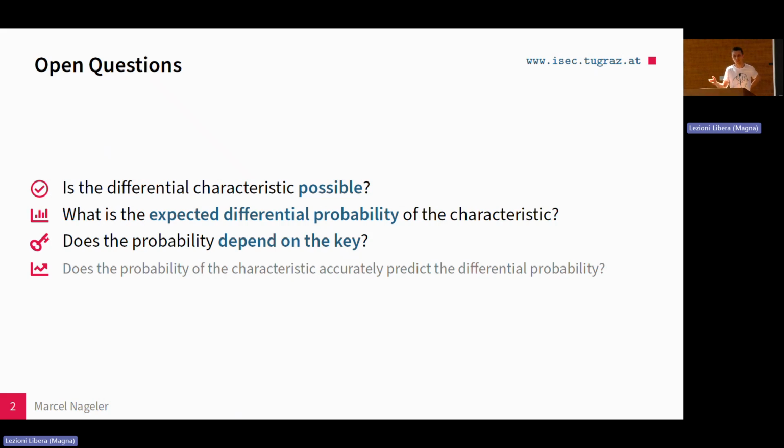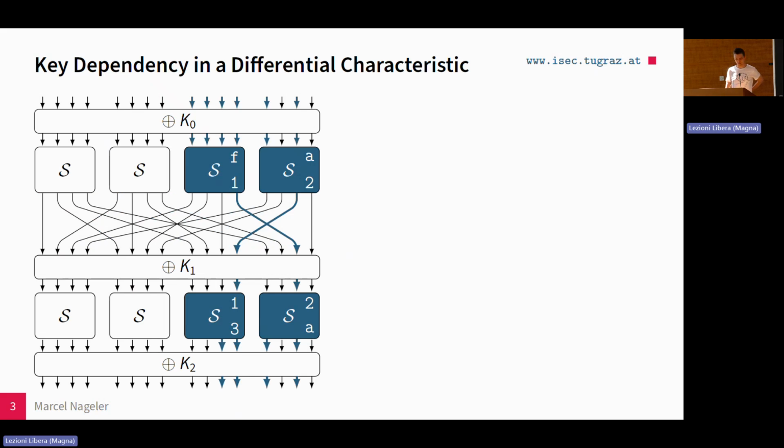This is related, this is the hypothesis of stochastic equivalence. And does the probability of the characteristic actually properly predict the probability of the differential attack? These dependencies and issues can arise.